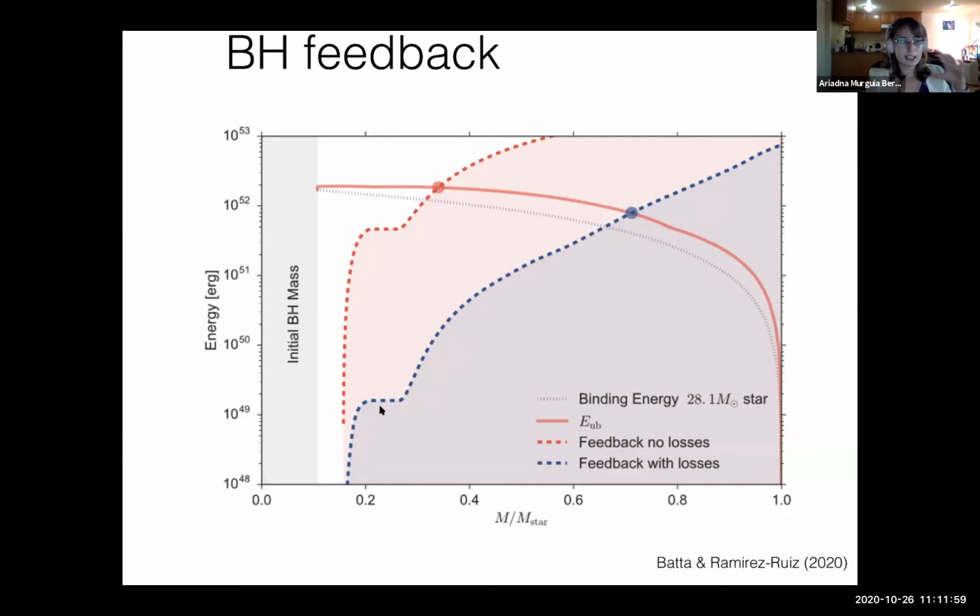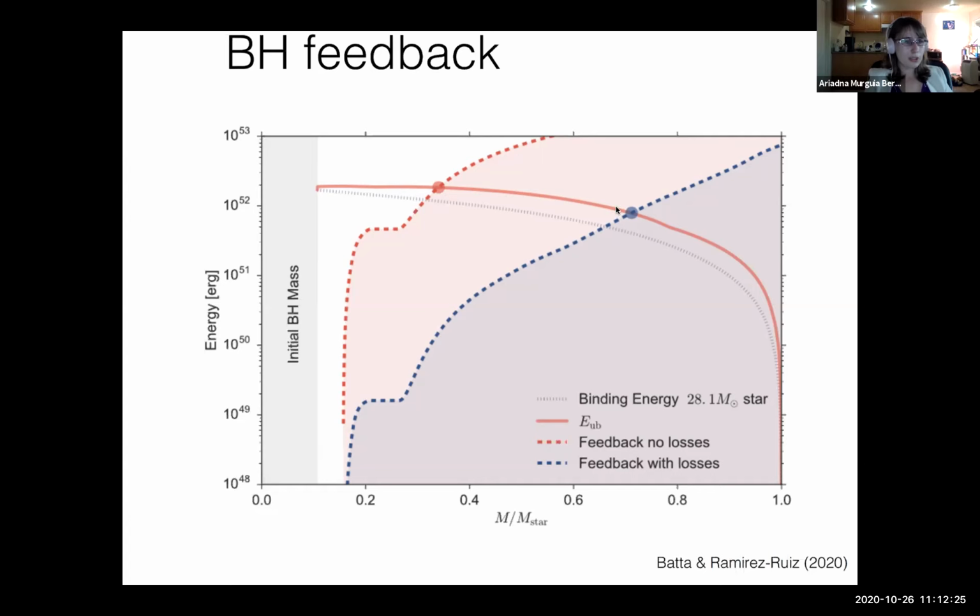Whereas in this case, if a shell gets accreted and the shell is not enough to form a disk or appreciable feedback to unbind the envelope, it's not going to contribute. So these are the two extreme scenarios. So this is saying that somewhere around this line, where the binding energy of the star is equal to the binding energy released by feedback, somewhere around here, the envelope is going to be ejected.